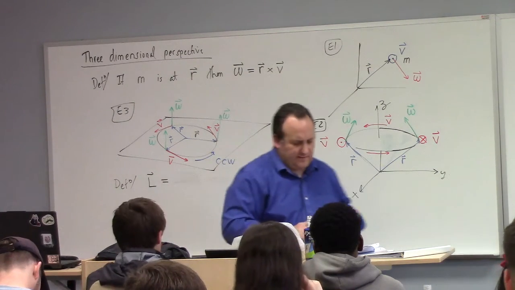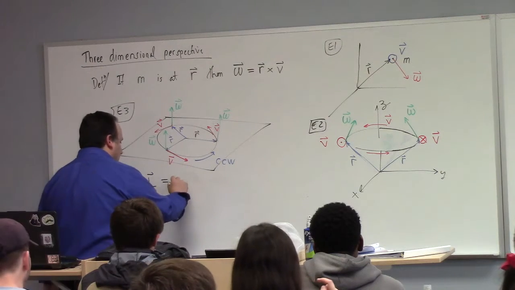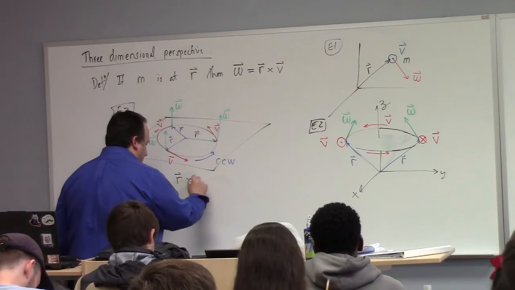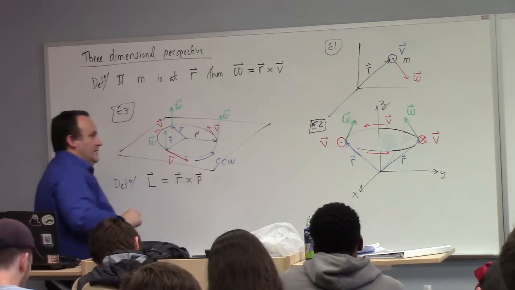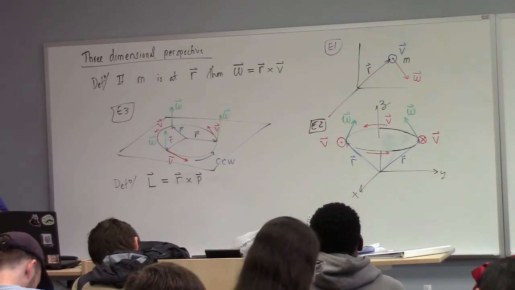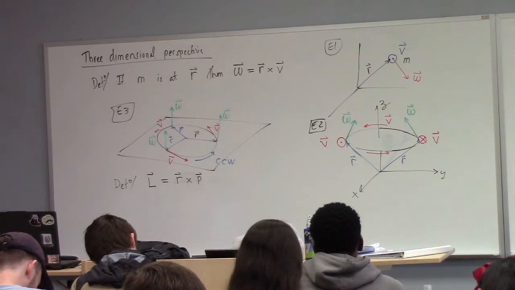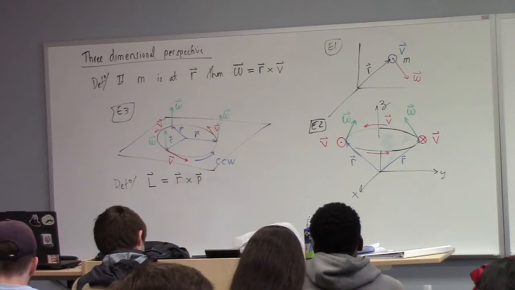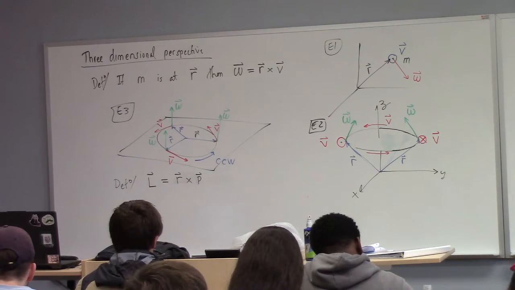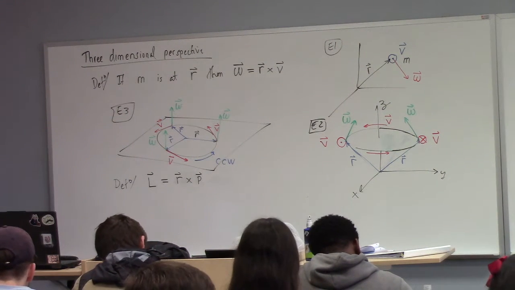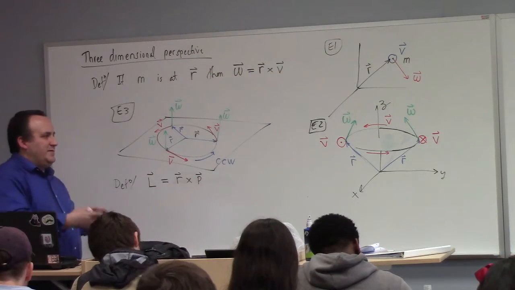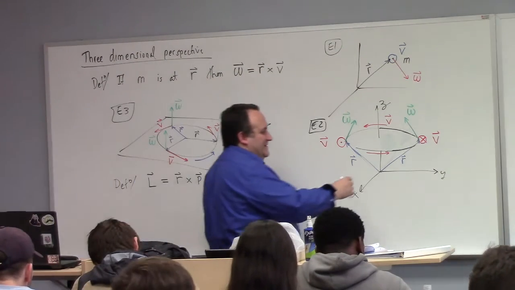So yeah, I should define it this way. I should say L is r cross the momentum. That's what I want to do. Because the moment of inertia concerns the radius of rotation, and that's not quite a natural concept for three dimensions. In 3 dimensions, what's the radius?